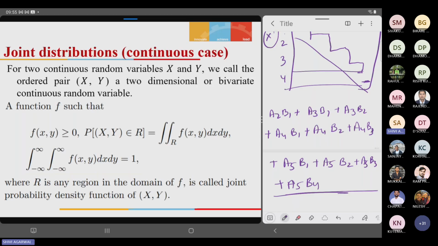So in chapter 4, you have done the discrete random variable. So till now we have done the discrete joint distribution. And in the continuous case, that is chapter 5, we have done it when we are using the continuous random variable.